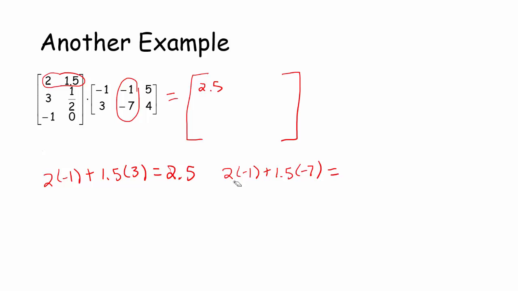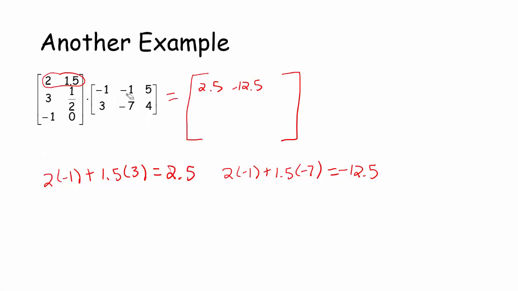Ooh, and I don't have my calculator on me, so I hope you're checking the math as you watch this video. So this is going to be negative 2, and 1.5 times negative 7 is going to be negative 10.5, so this is going to be in total negative 12.5. Make sure you're checking that for me.